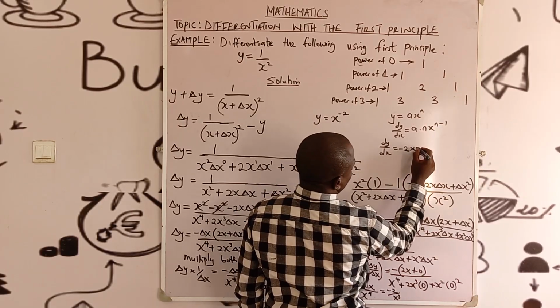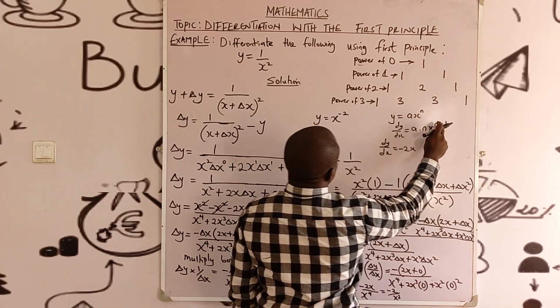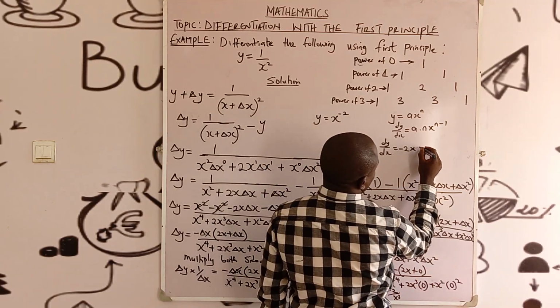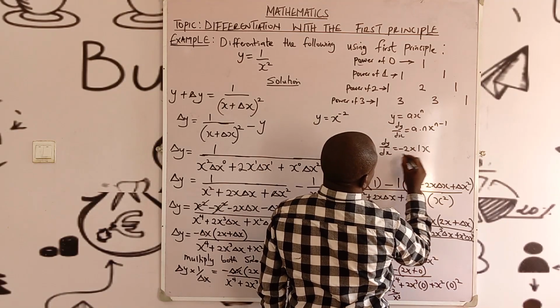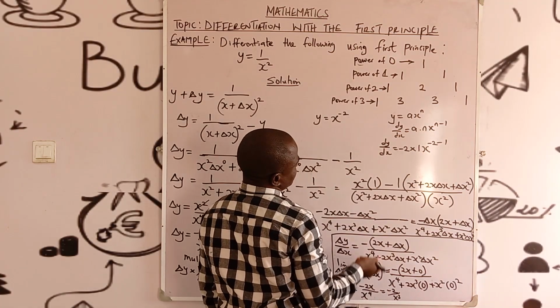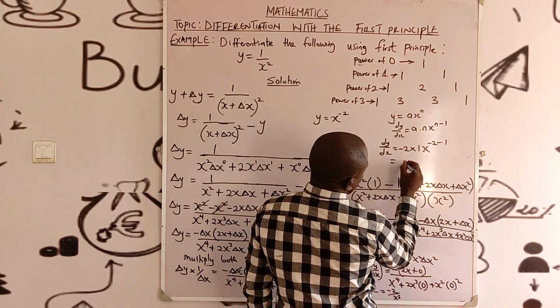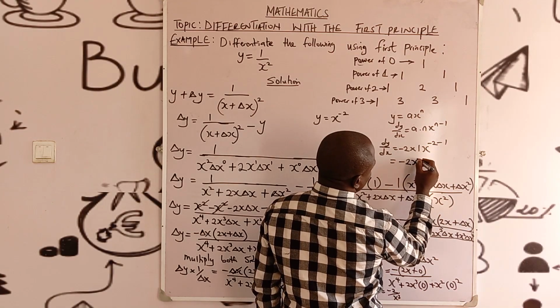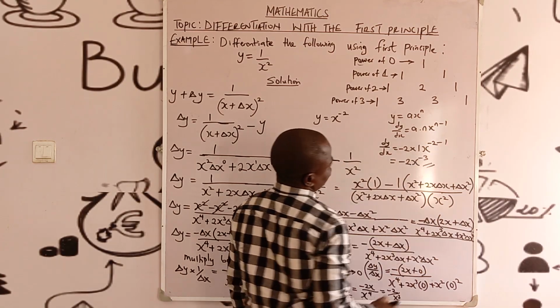There's 1 here before; this n stands as minus 2, this a stands as the 1 that is here before, times x raised to minus 2 minus 1, equals minus 2 times 1, that's minus 2, x raised to power minus 2 minus 1, that's minus 3.